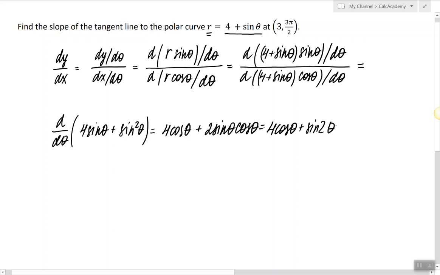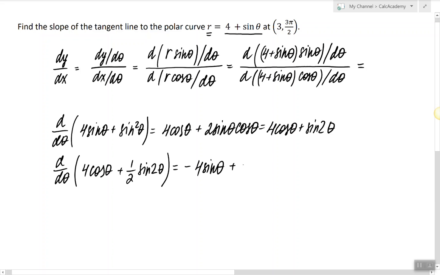And the derivative of the denominator, after I distribute the cosine over and apply a trig identity for a double angle, I'll get the following derivative: negative 4 sine theta plus cosine of 2 theta.